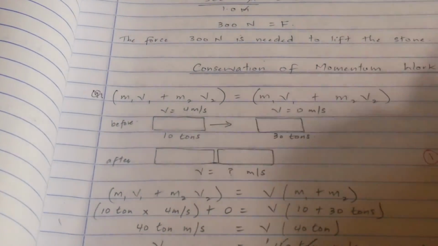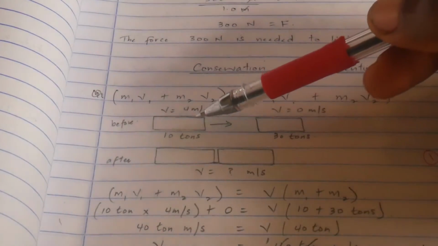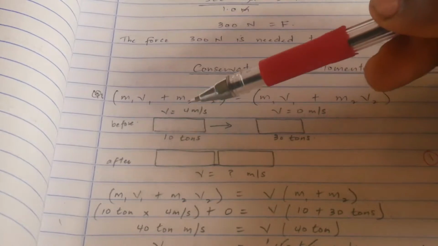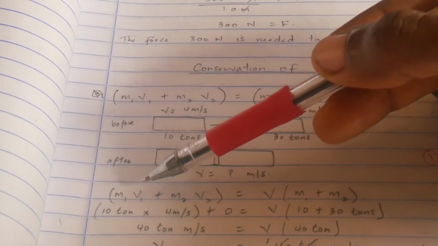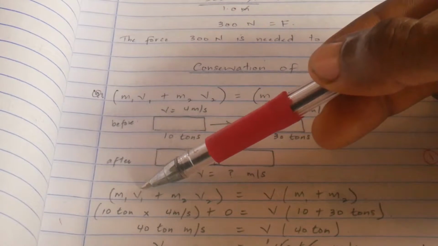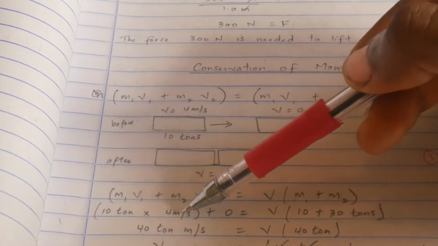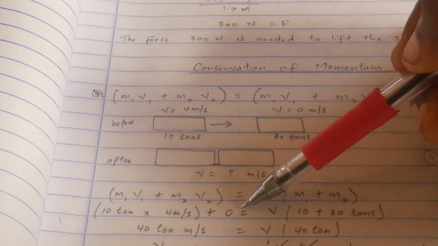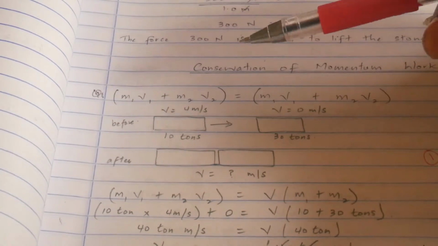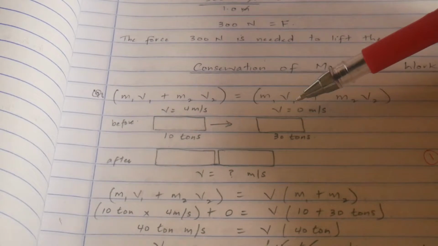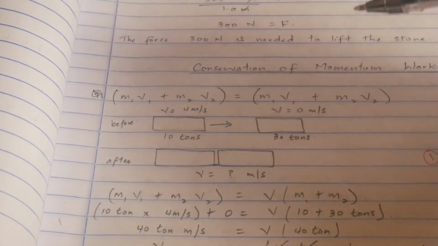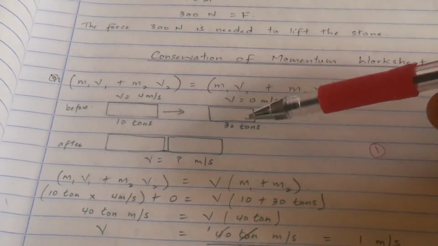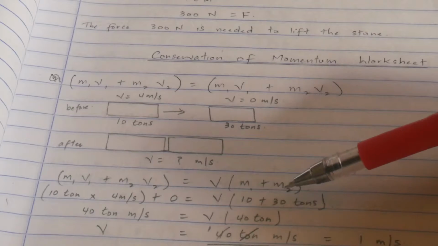Alright, so the system before, the total momentum was m1 times u1, 10 tons times 4 meters per second, which is the initial velocity, plus 0, because it's 30 tons at 0 meters per second, which is equal to v multiplied by m1 plus m2.